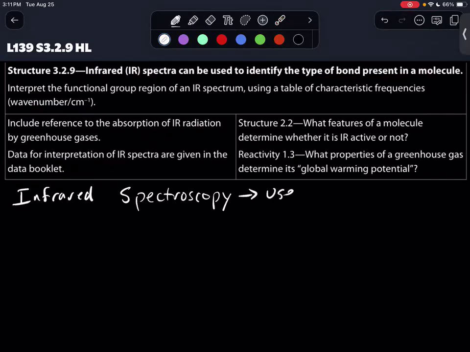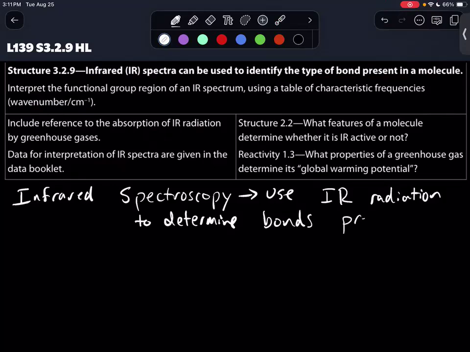But basically, we use the IR radiation to determine bonds present in molecules. But like, how does that actually work?